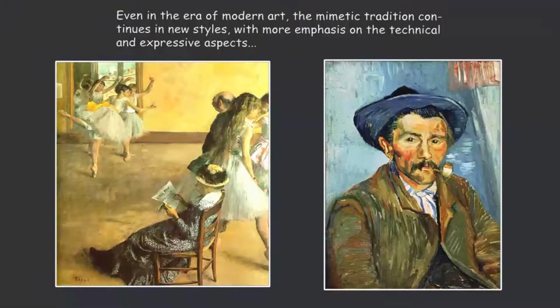Even in the era of modern art, the mimetic tradition continues, but in new styles and new techniques, and with more emphasis on the technical and expressive aspects. And that is why when you look at a painting by Degas, like the one on the left, and you look at the painting by Van Gogh, the painting on the right on this slide, you know that yes, the painters still belong to that mimetic tradition, but they are not really trying to create an illusionistic painting.